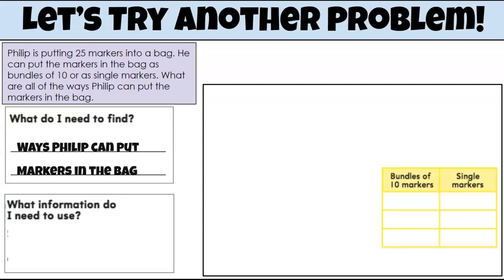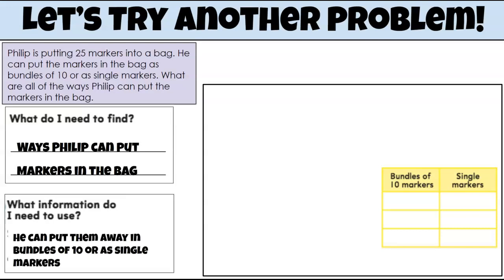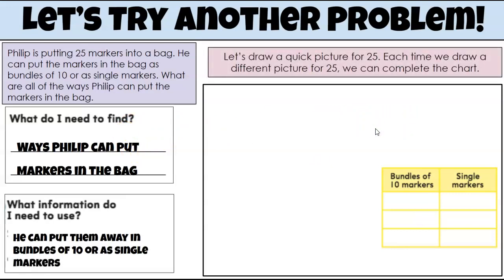So on your paper on page 51, you will see this little chart here. So you know that you want to start like we did before. So draw a quick picture of 25. Each time we draw a different picture, we can complete the chart.